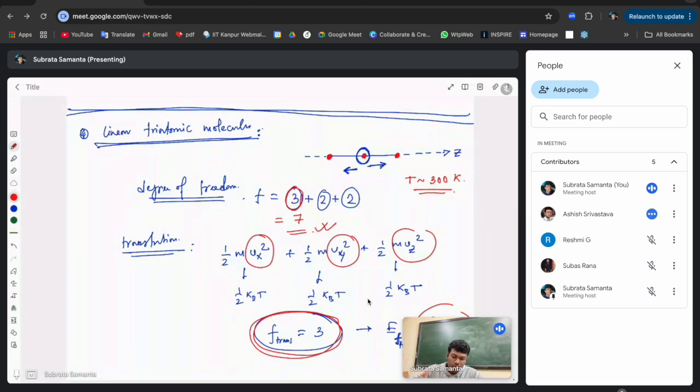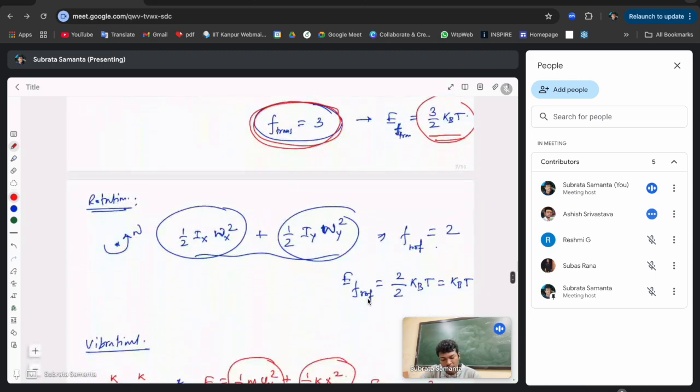Because if we align the three atoms along the z direction, the molecule can rotate about the x-axis, or rotate about the y-axis. So the rotation is basically omega, let's say a dot in the x-axis upwards. This is half Ix omega x squared, right?